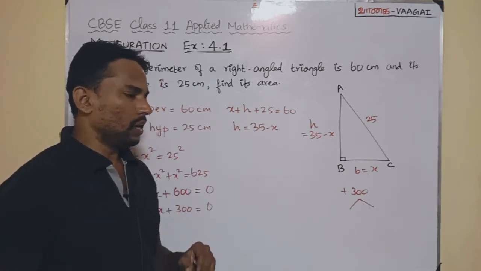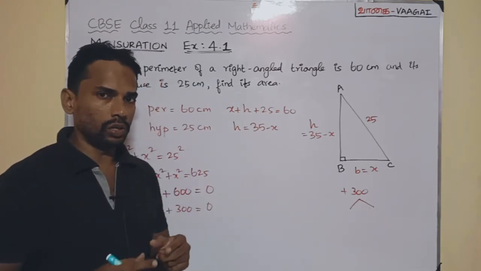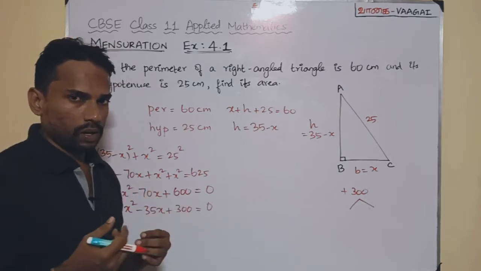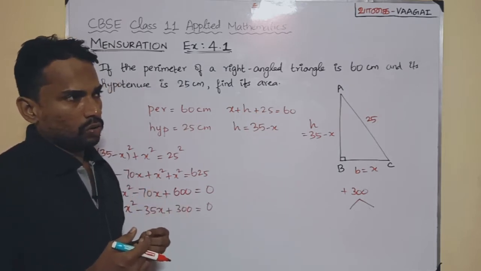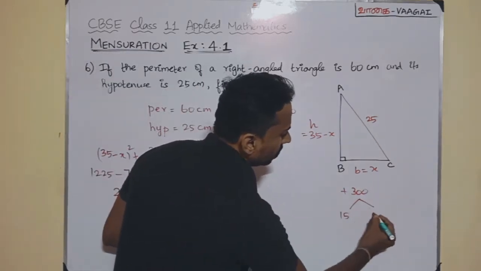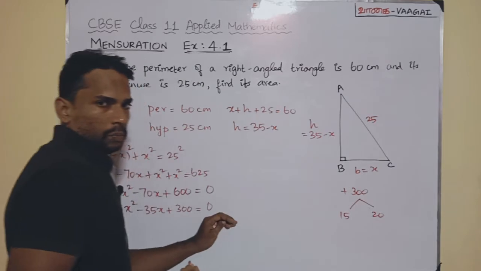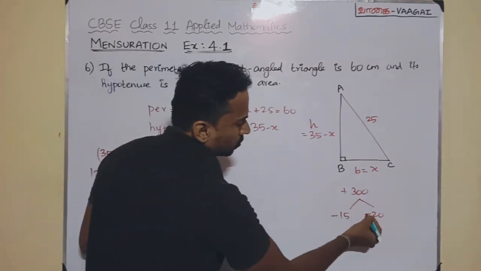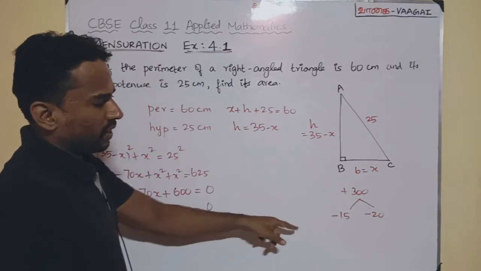So in what way we can do? We can do it like 10 into 30. 10 into 30 will not give you 35. So we can go for a little bit higher numbers. So I can go for 15. So 15 into 20 will give you 300. But to make our product positive, I can take both these numbers to be negative. Minus 15, minus 20.